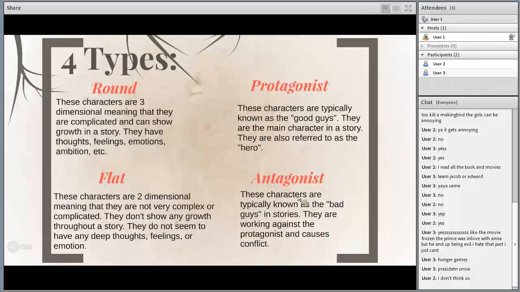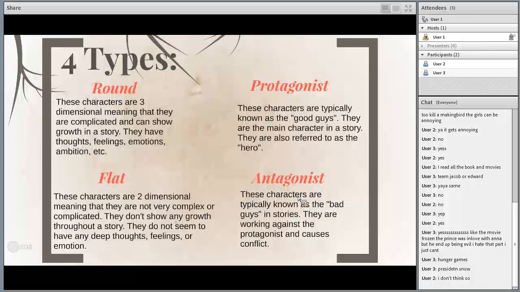So it's kind of like, why would you have a character in there that's flat and doesn't change or grow? Well, like I was saying before, when you go watch a movie, you have to have extras around who are just there to make the story more full. Not everyone can grow because that would be way too long of a book, and it would be confusing because there wouldn't be anyone to focus on.